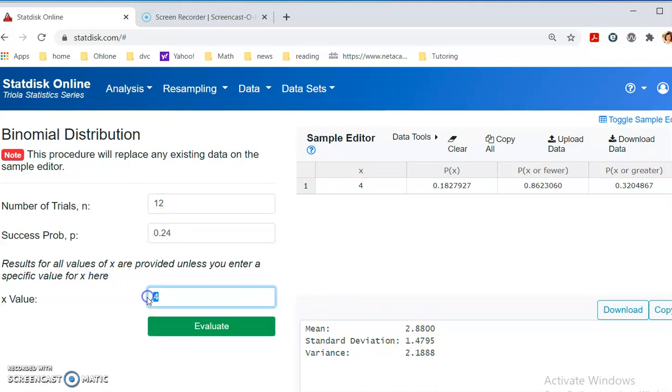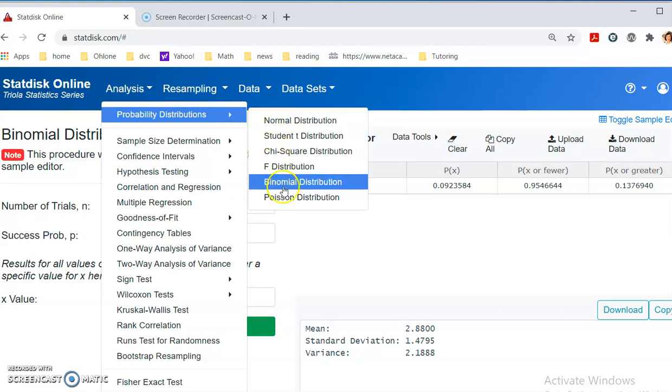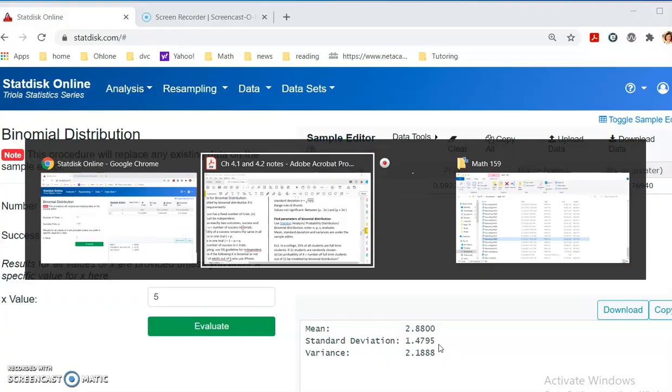No matter what x is, you can have x equal to 5, they don't care, so this stays the same: np gives the mean, and the square root of npq gives the standard deviation. These are already calculated at the bottom of the statistics analysis, probability distribution, binomial distribution, but you can also calculate it yourself.